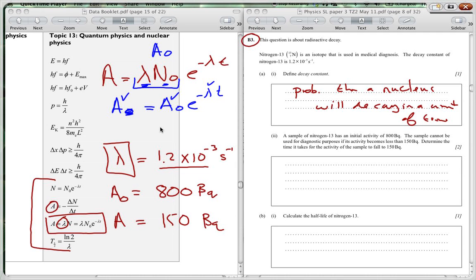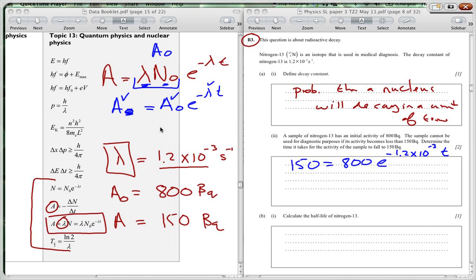So we're going to get 150 is equal to 800 times e to the minus lambda t, where lambda is equal to 1.2 times 10 to the negative 3, times your time. So we're going to calculate this.